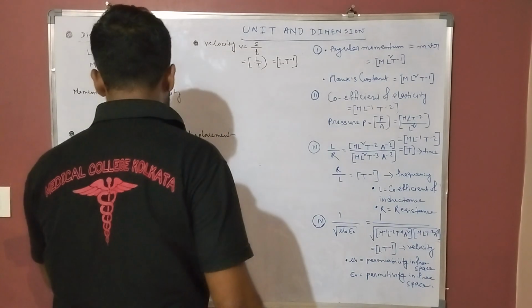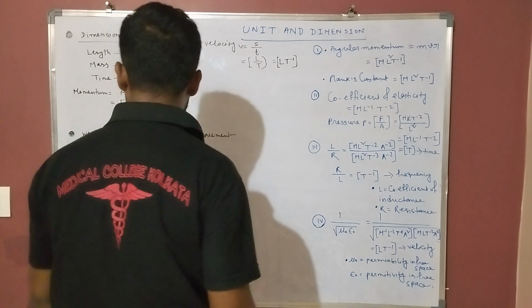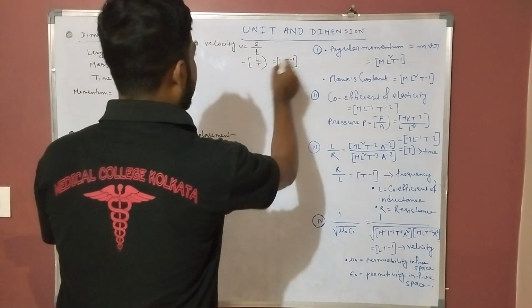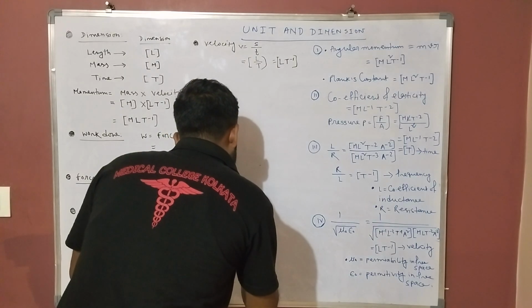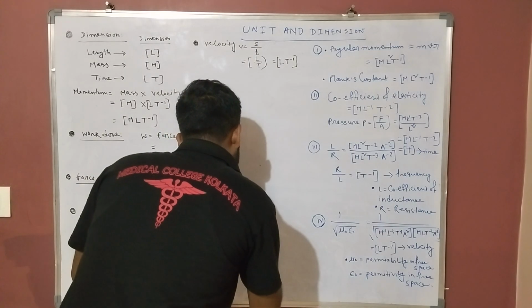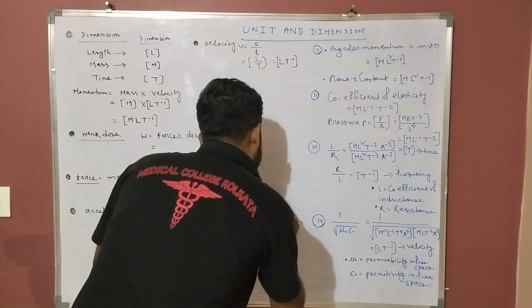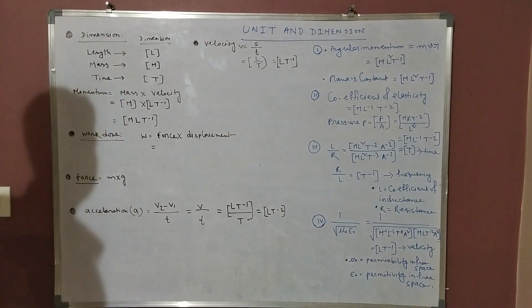So acceleration is equal to v by t, dimension of v by dimension of t. We already know the dimension of velocity, L t to the power minus 1. So ultimately L t to the power minus 2. This is the dimension of acceleration.